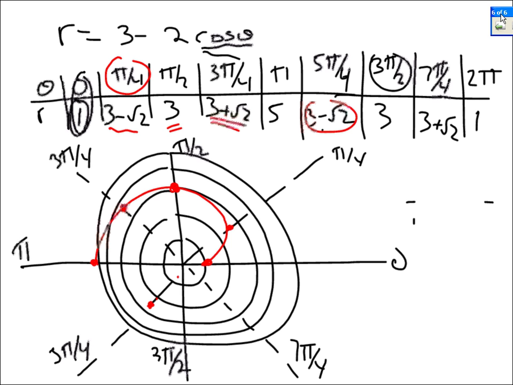At 3 pi over 2, the cosine is 0. So it's 3, excuse me. So let's go back to the gray marker. It's 3. And then at 7 pi over 4, it's a little bit more than 3. And then it's back to 1.